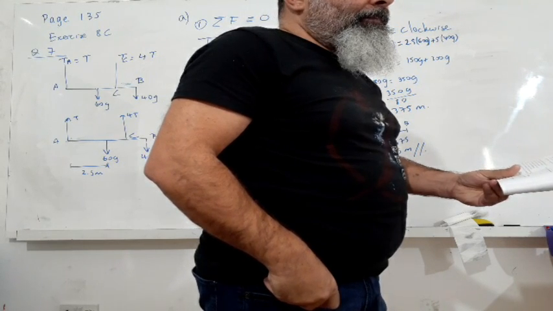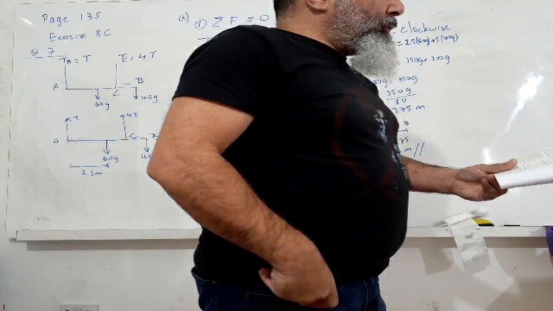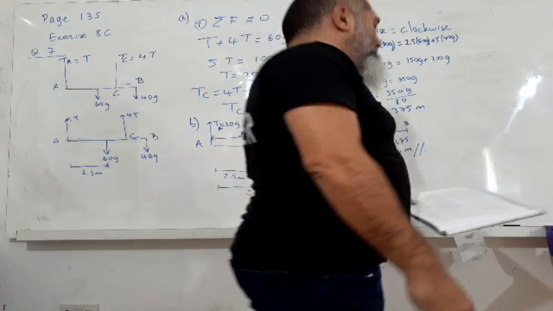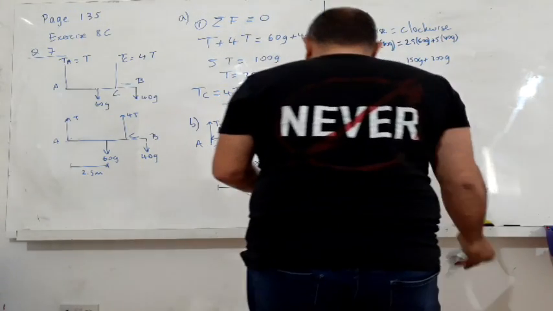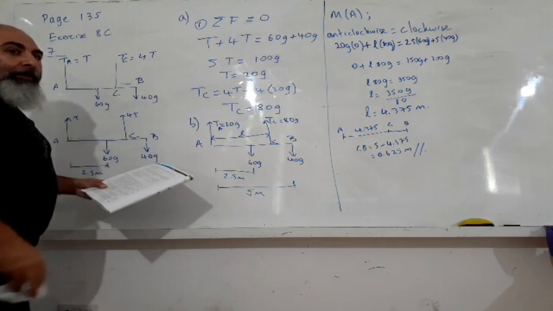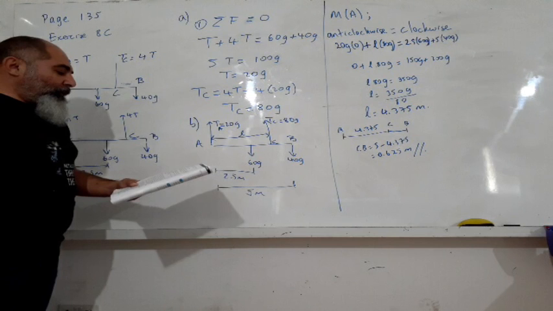I am going to solve a non-uniform example on page 138. I am going to solve question 4 on page 138. It is a non-uniform rod.